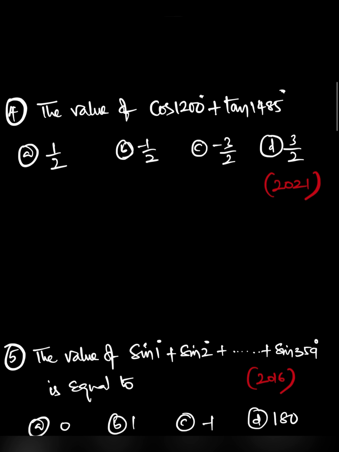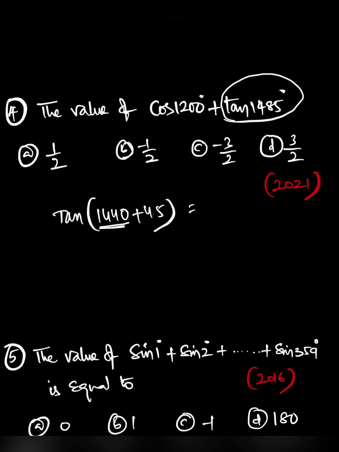Tan 1485. In order to solve that, this will become tan of 1440 plus 45. Now 1440: 360 is 2 pi, 720 is 4 pi, so 1440 is 8 pi.